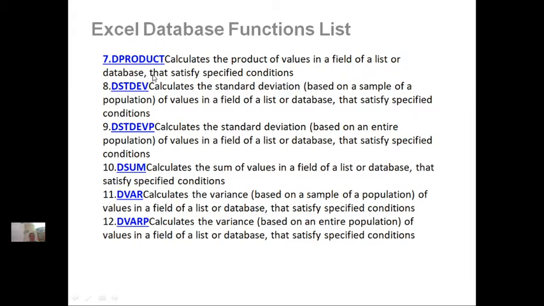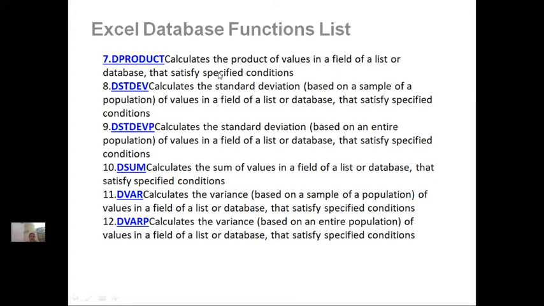Next is dproduct, the seventh one. In this class we are discussing a list of 12 types of database functions. Now dproduct, then dstdev, then dstdevp, then dsum, dvar, dvarp.